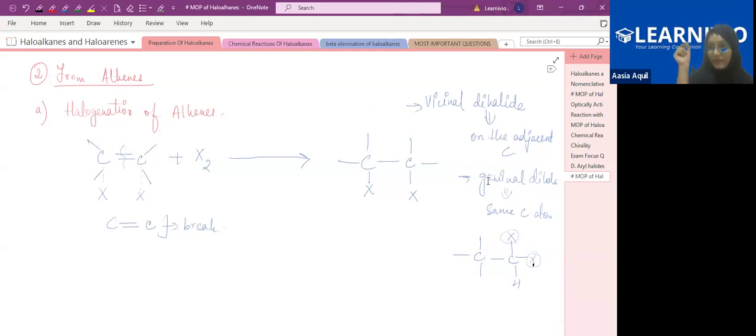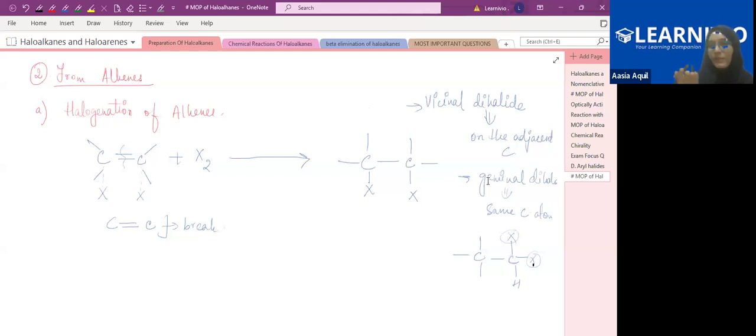Clear? Just remember these terms, vicinal and geminal dihalide. Vicinal means on the adjacent carbon. If the halogen atoms are present on adjacent carbon atoms, then it is known as vicinal dihalide. If they are present on the same carbon, it is known as geminal dihalide.